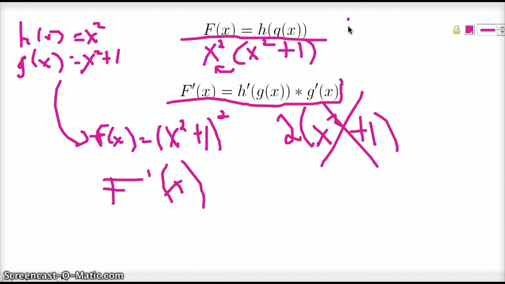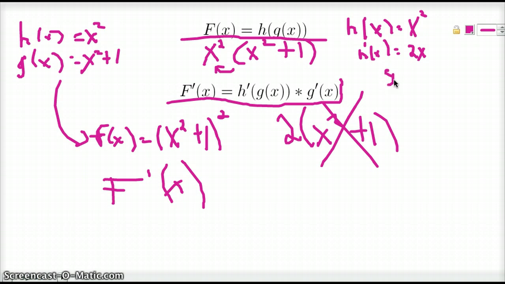So we know that h of x is equal to x squared, and if we want to take the derivative of h of x, we just use the power rule, and we know it's equal to 2x. And we do the same for g of x.